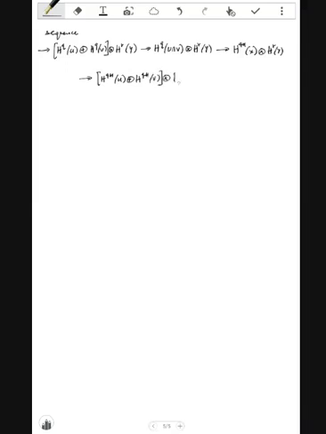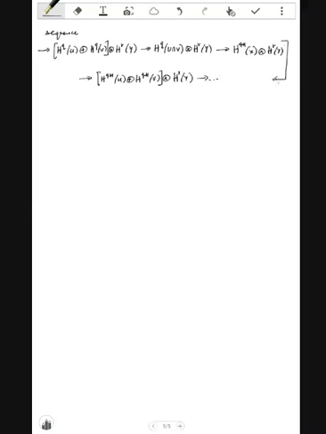H^q(U) → H^q(V), tensor H^r(Y); H^q(U ∩ V) tensor H^r(Y); H^{q+1}(X) tensor H^r(Y); H^{q+1}(U) ⊕ H^{q+1}(V) tensor H^r(Y), and so on.